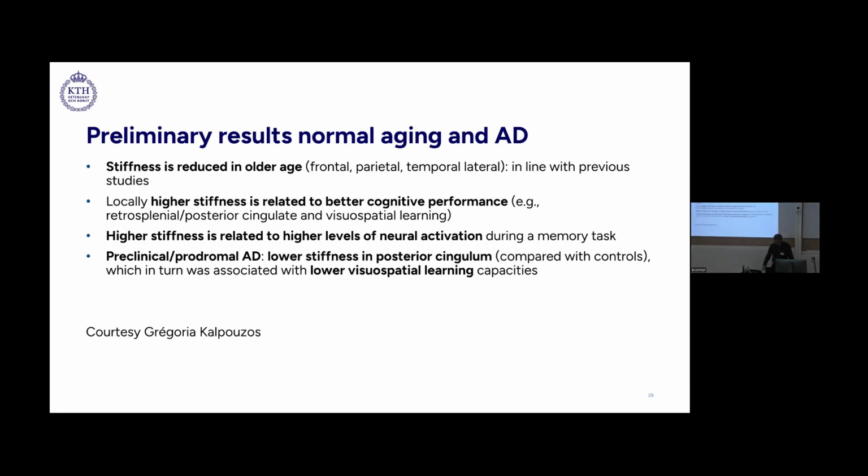I will not say much about normal aging and AD because you will have Gregoria later this week. But stiffness is also reduced in older age, so it's the same trend more or less, and also it is more severe with the disease.